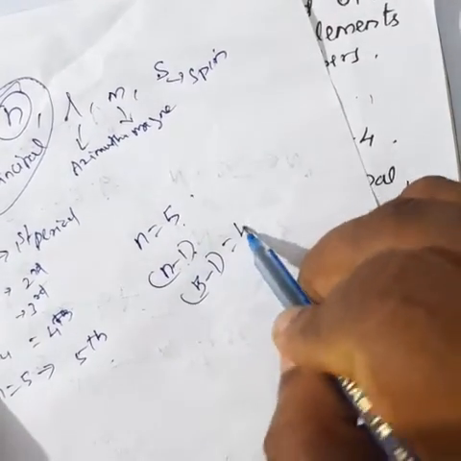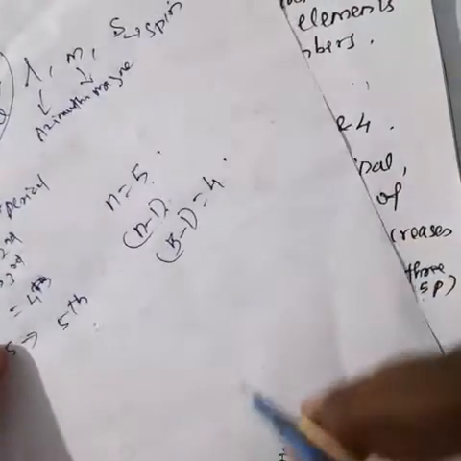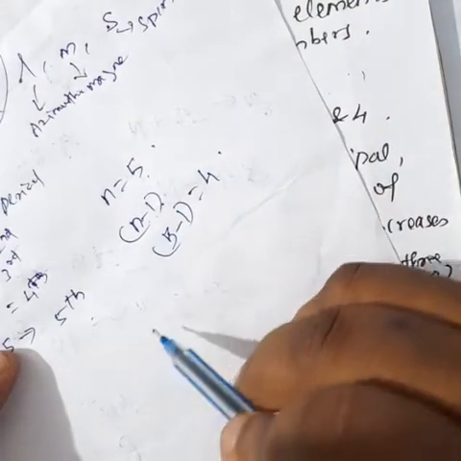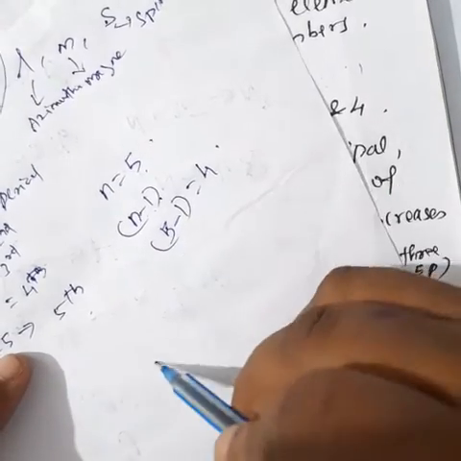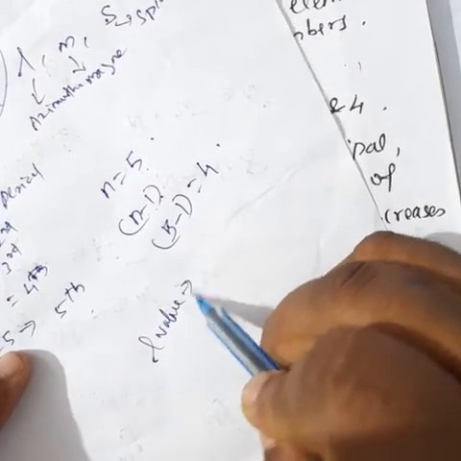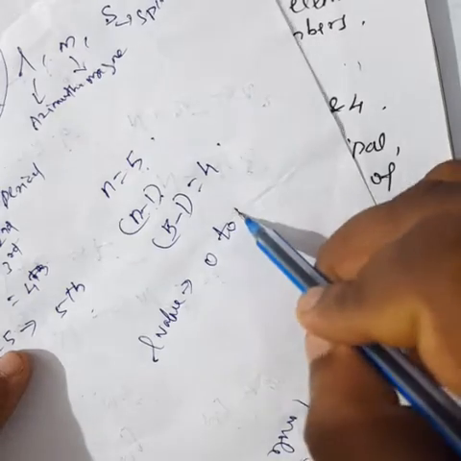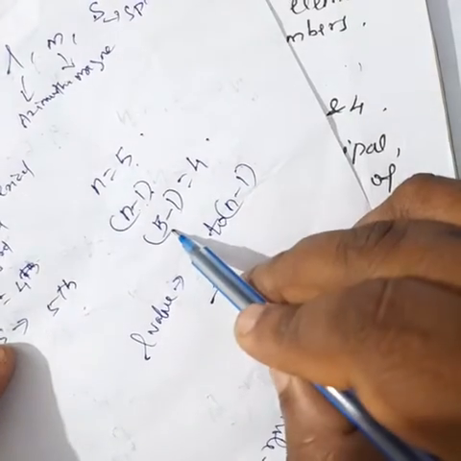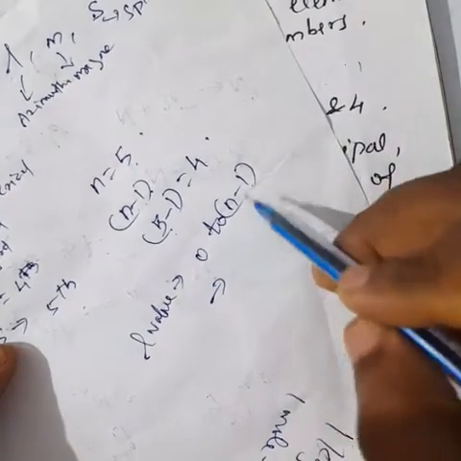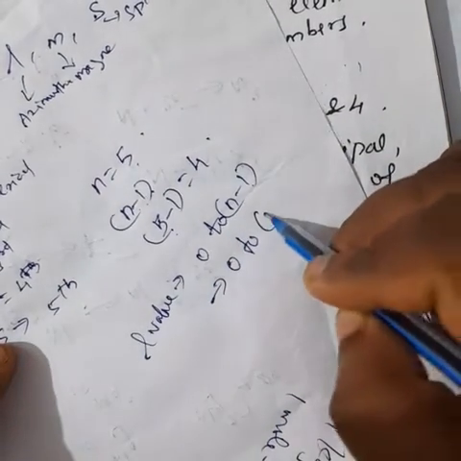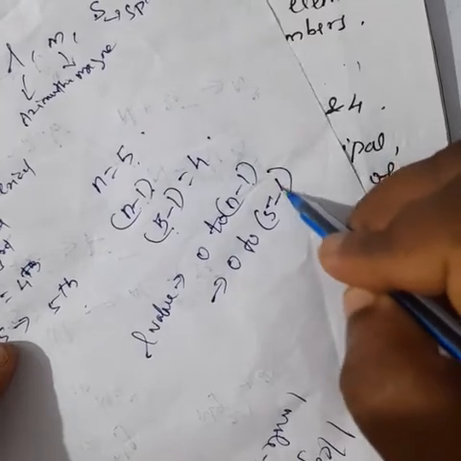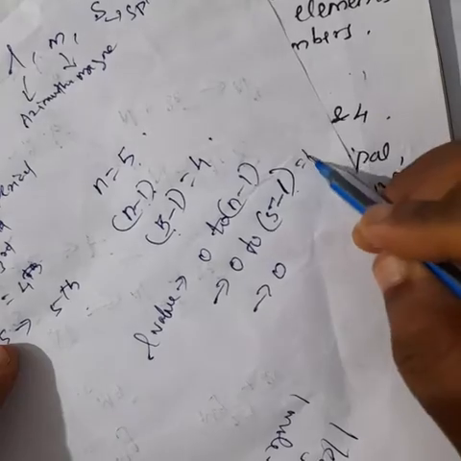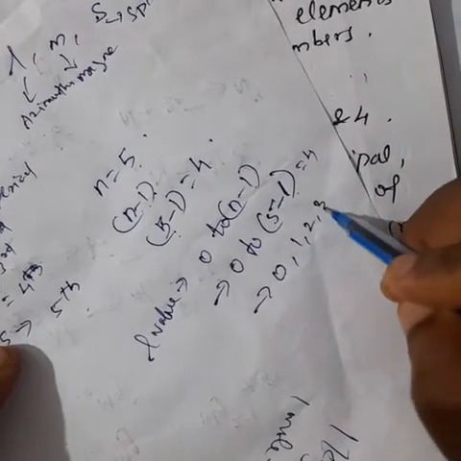So we can write the L values 0, 1, 2, 3 and 4. This is the L value.